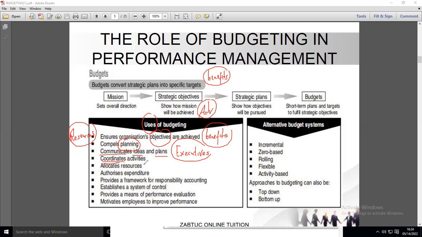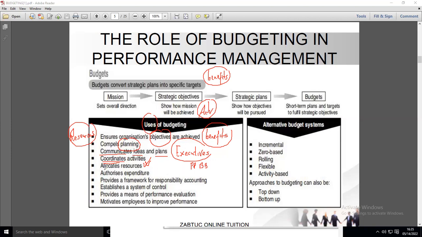The budget is used to allocate the resources. We know that resources are quite expensive. And if you look at most of the models that we have covered, for instance the performance pyramid, the building block, what is it that comes out?